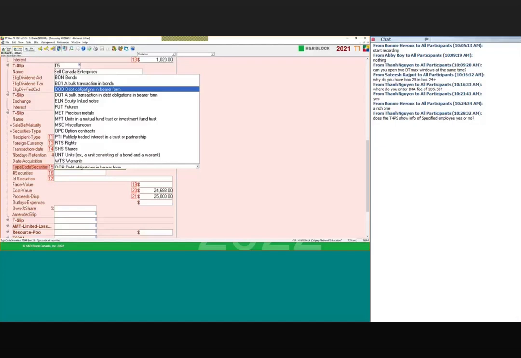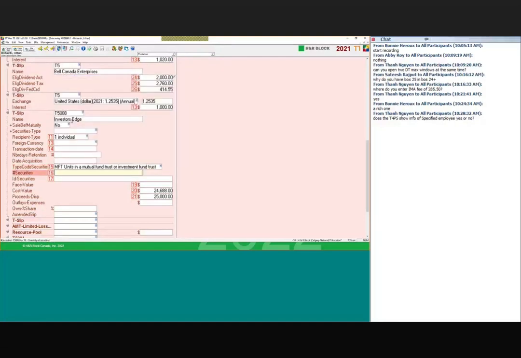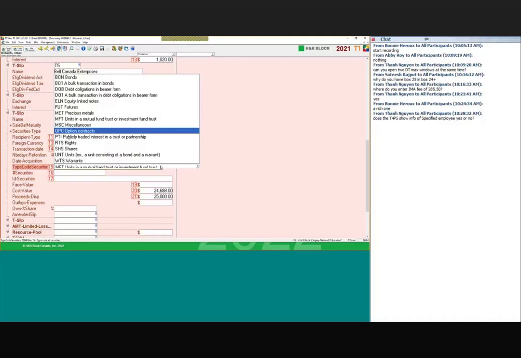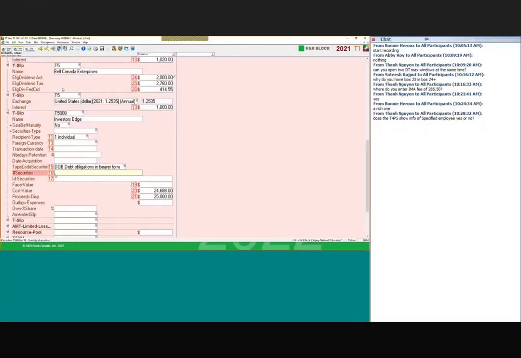It could be a month, 3 months, 6 months. We could also have units in a mutual fund. This is not the case. Or we could have shares. If it was shares, the code would be SHS. If it was mutual funds, it would be MFT. And in this case, it is a debt obligation. So we would select debt obligation.